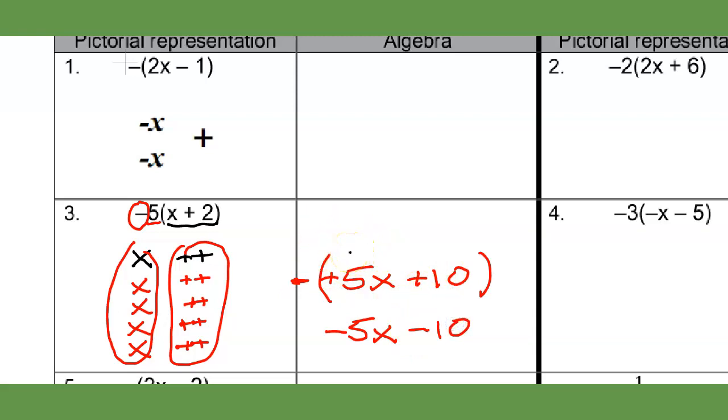So at the last step, all you're doing is just changing the sign, or finding the opposite is really what it's called. Which is identical to just distributing -5 times x is -5x, and -5 times 2 is -10.